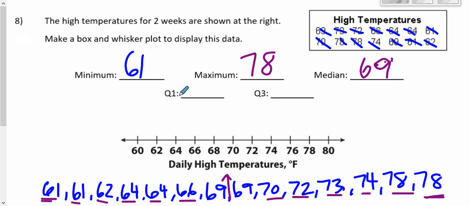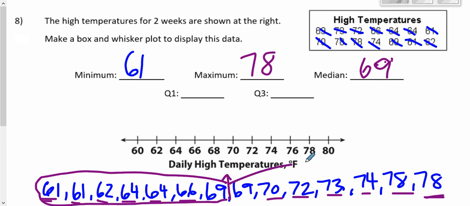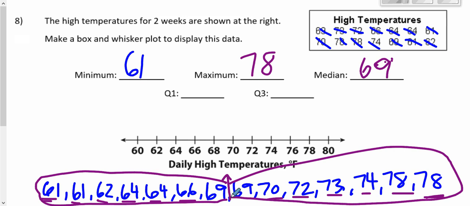All right. Okay. Q1, that's quartile 1. So that means, remember, when I do that, I can draw a circle around. This is the lower quartile, the bottom half of my data. This is the upper quartile, the upper half of my data. And when it's asking for Q1, we want the middle of my lower quartile.